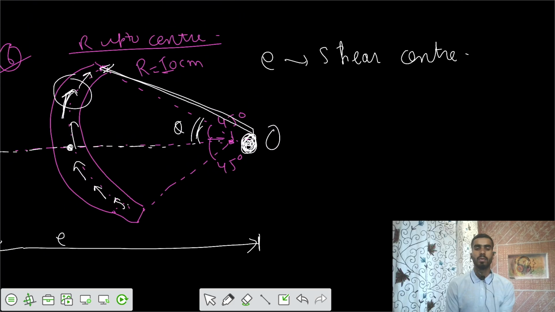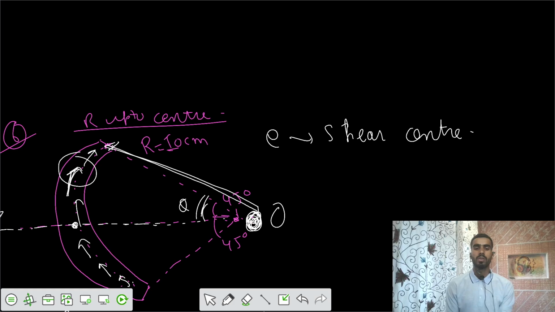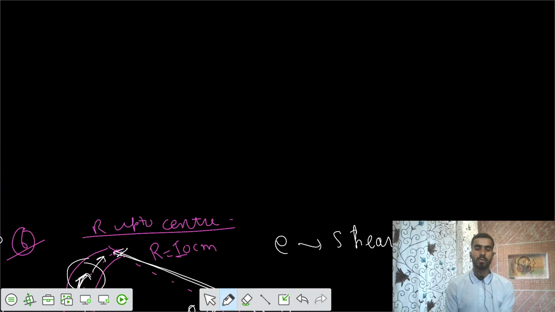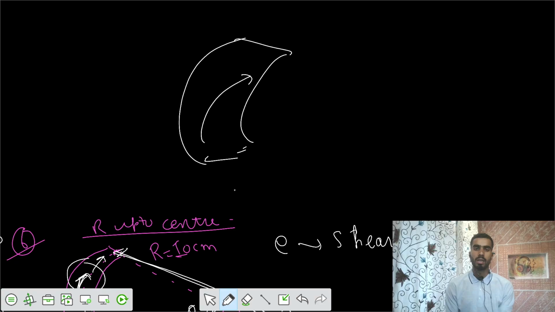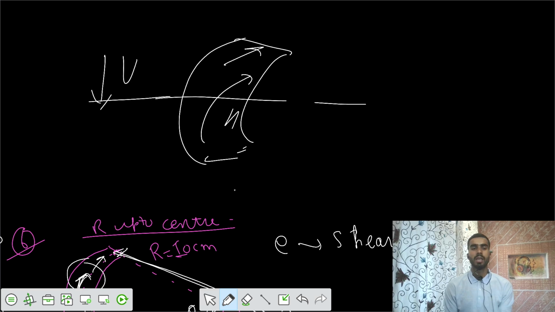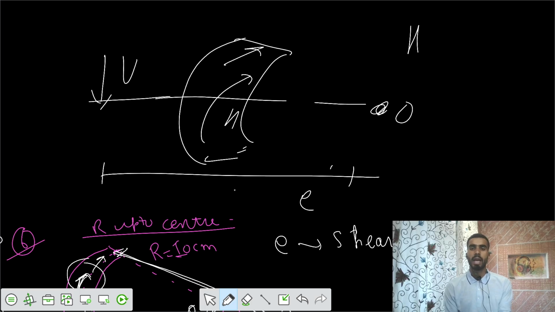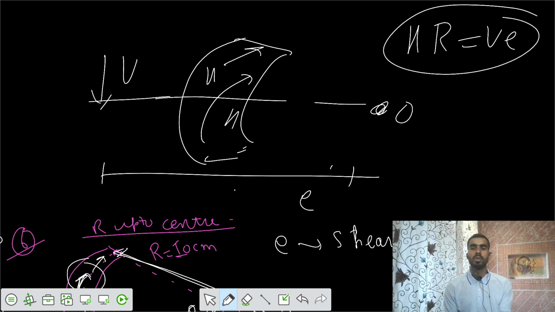Now finally conclude that there would be some net horizontal shear. There would be some horizontal tangential shear along the surface of that arc, H, and if the resultant V is acting at a distance of e from the center, then H into R equals V into e.